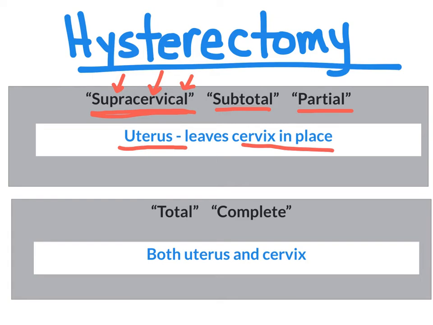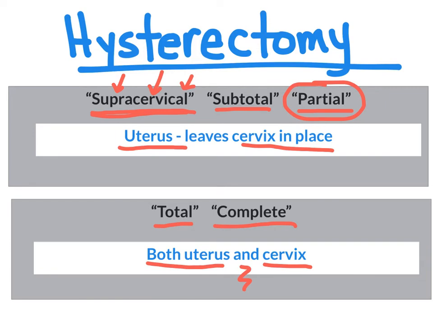On the other hand, if a hysterectomy is documented as total or complete, then both the uterus and the cervix are going to be removed. Now, usually this semester, we've been conditioned to think that when we see this term partial, that's a big red flag that tells me I'm going to be coding for an excision, a portion of a body part.